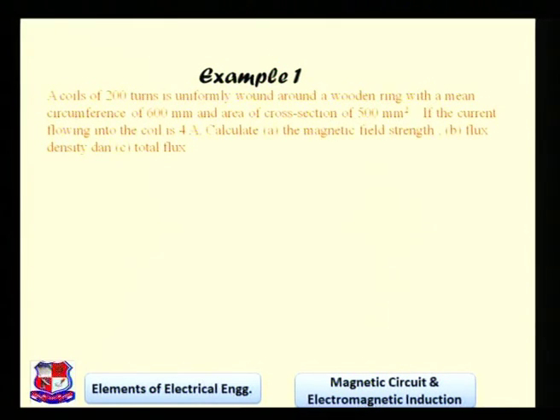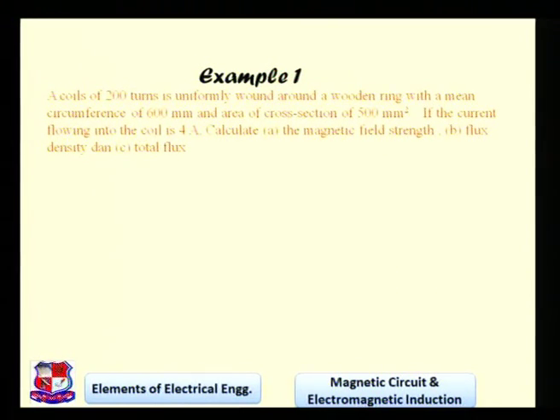It means the number of turns is 200, length is 600 mm and area is 500 mm square. If the current flowing into the coil is 4 ampere, we have to calculate three things.